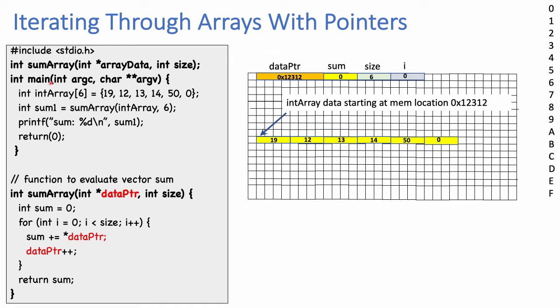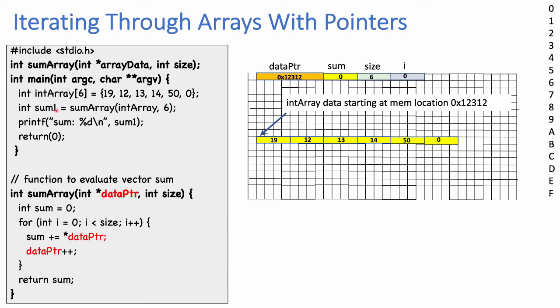We have our main function here. The main function, argc argv, returns an integer. Inside the main function, we're declaring a variable of type int array. It's 6 long, so we have 6 variables. We're initializing them to the values 19, 12, 13, 14, 50, and 0, as we'll see right here.